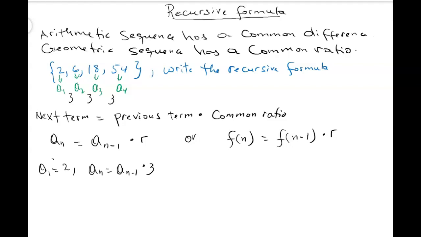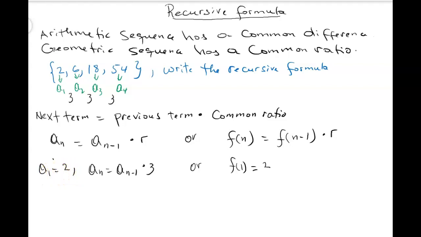And for the function notation, you say f of 1 equals 2. f of 1 is the same thing as a sub 1. f of 2 and a sub 2 is the same thing. f of 3 and a sub 3 is the same thing.